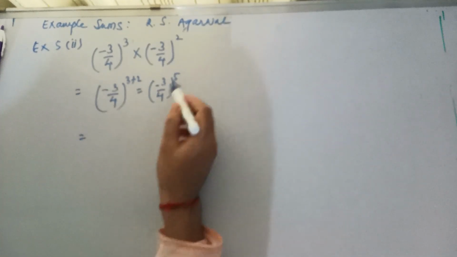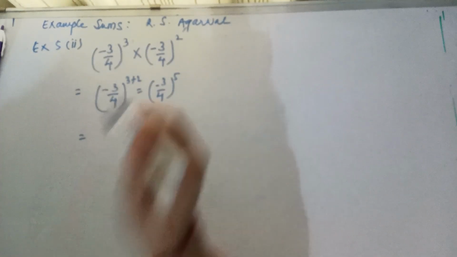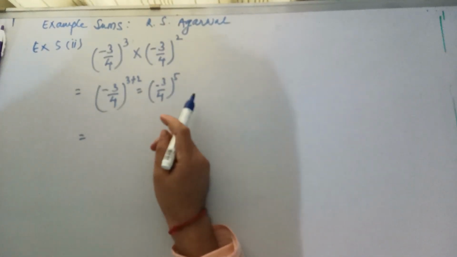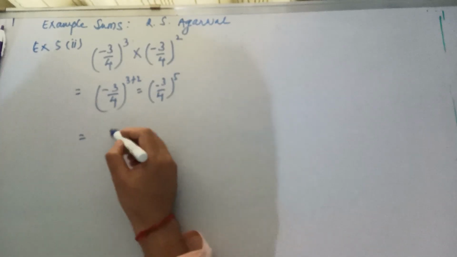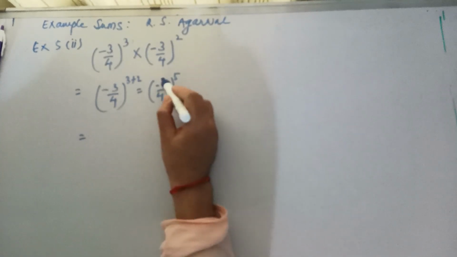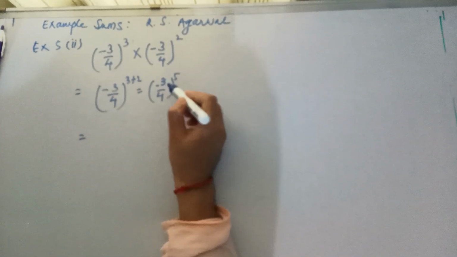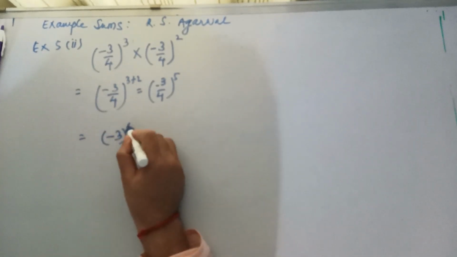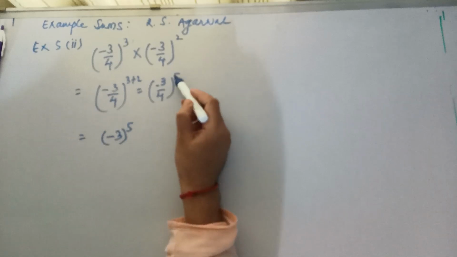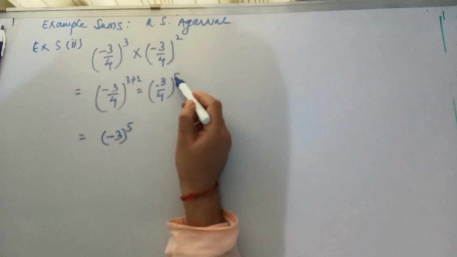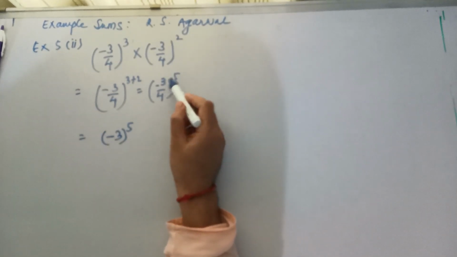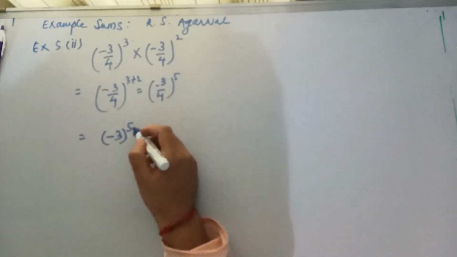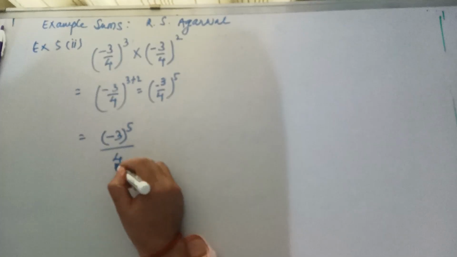Now this can be further solved because they have stated that we have to simplify, express as rational numbers. So -3 raised to 5, let us first distribute this power to this fraction. So this power will come on the numerator, and on the denominator it will distribute.